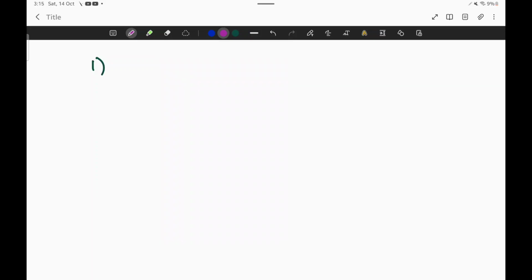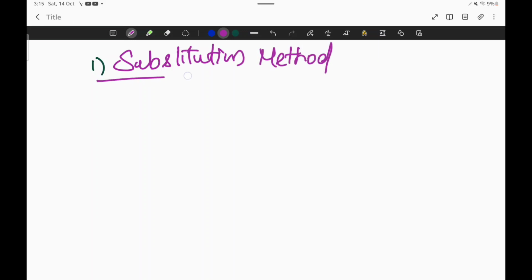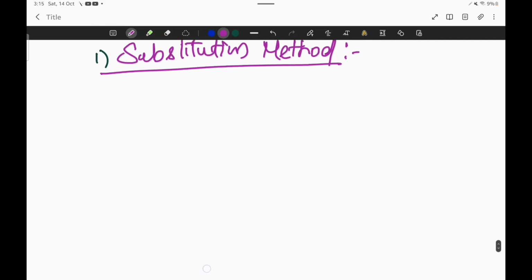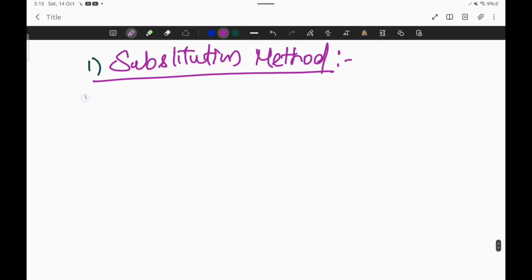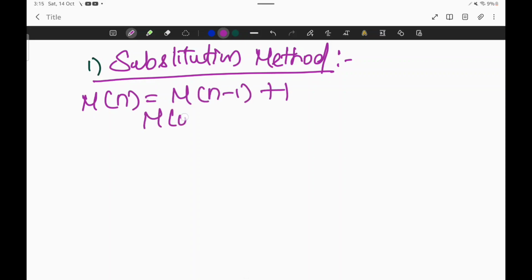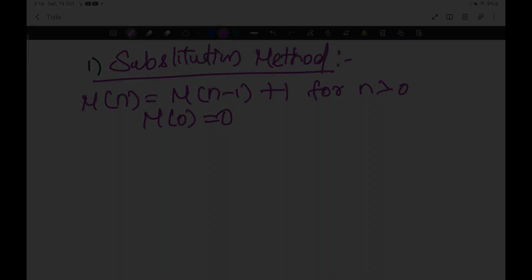First we shall take the substitution method, either forward substitution or backward substitution. Both can be applied. The last step is to solve the recurrence relation. We shall write the recurrence relation and initial condition for factorial value.